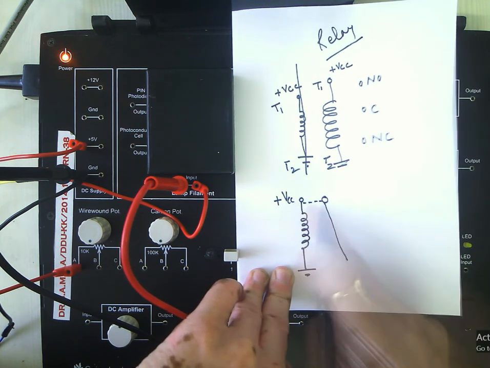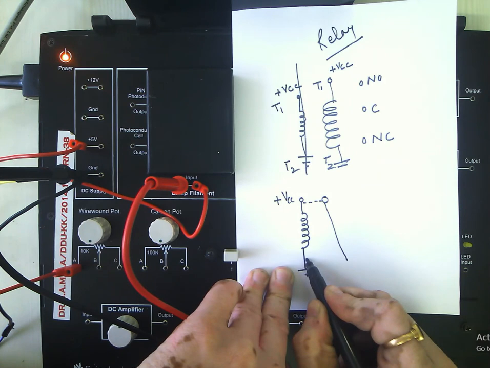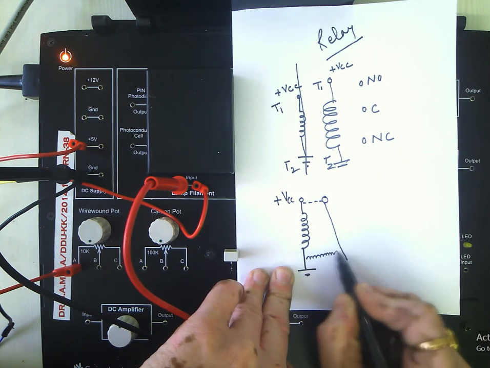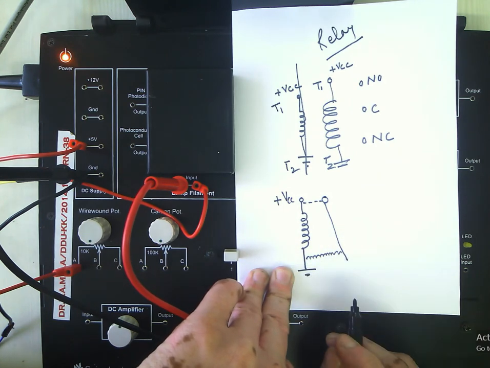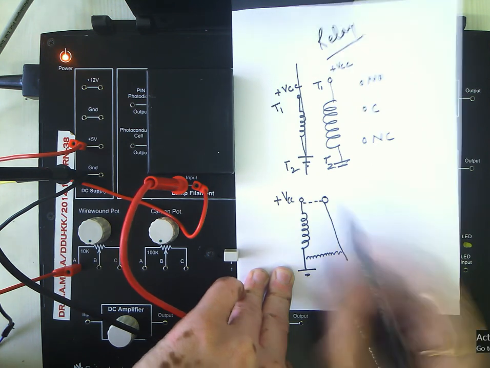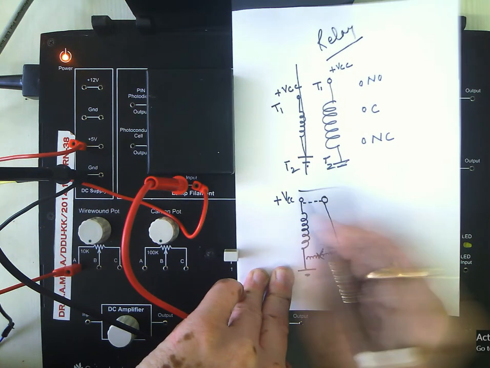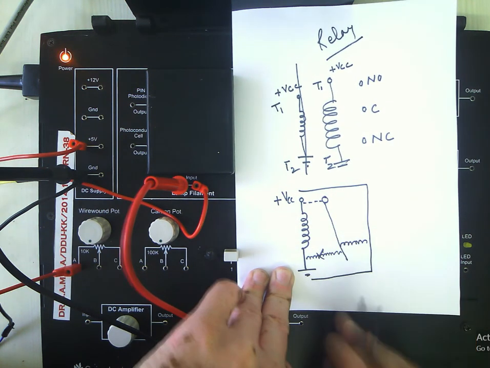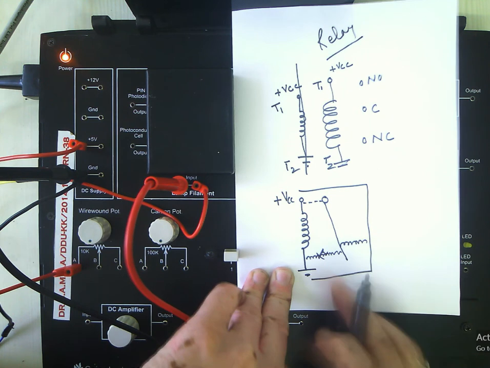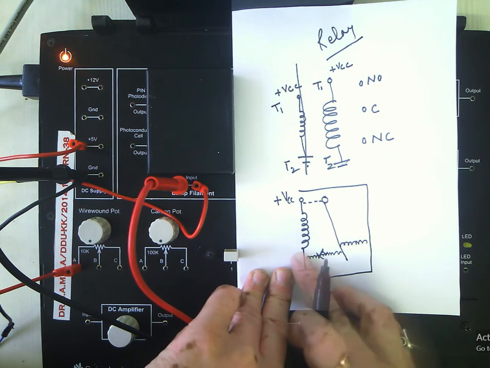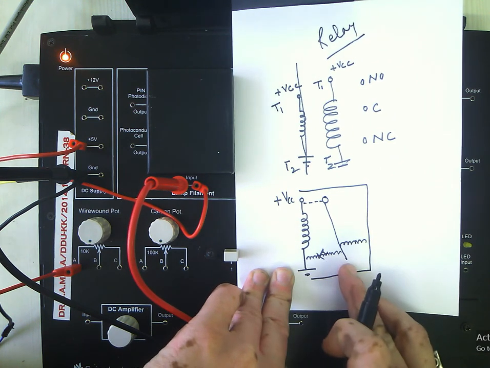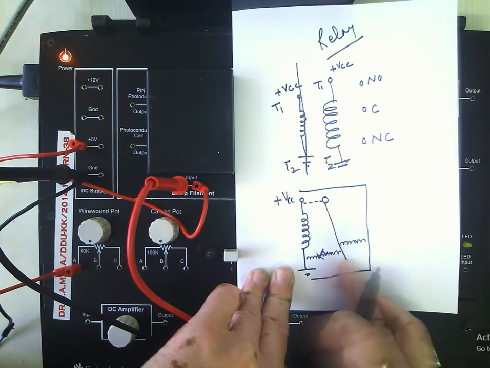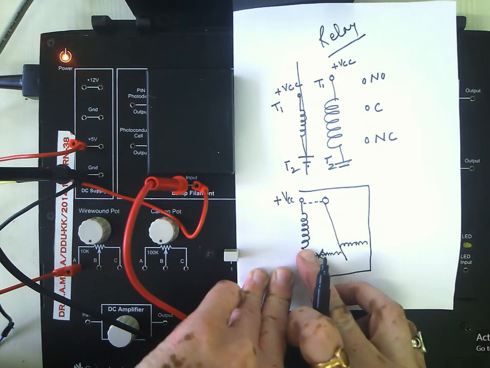That's why I have shown this dot, and here there is a spring. If you can think of the construction, the spring should be here. Now you see that whenever the coil is energized, this is the switching element. The switching element will be drawn towards the coil because this has become a magnet.